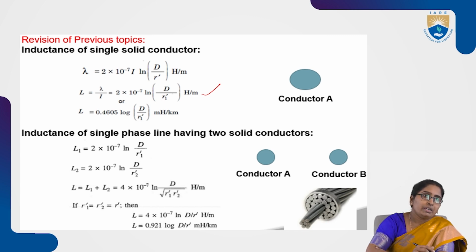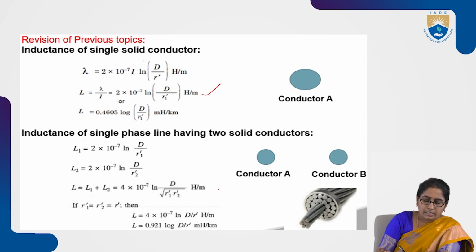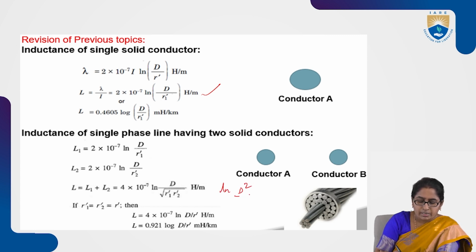Now the total inductance for a single phase transmission line is the sum of the two, L1 plus L2, which is 4 into 10 power minus 7 log base e capital D by, because log A plus log B means log AB, we get log of D square by R1 dash R2 dash.